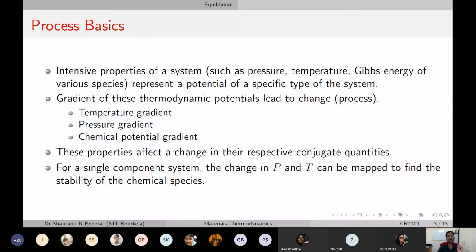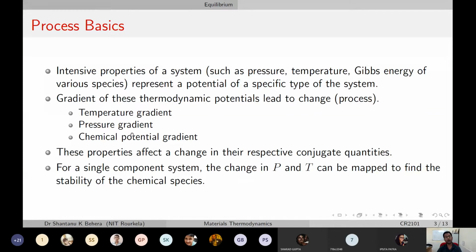Likewise, if there is a potential gradient in the chemical potential or the molar free energy of the system, then that will lead to mass movement here and across. So the gradient in these intensive properties affects the respective conjugate thermodynamic parameters.